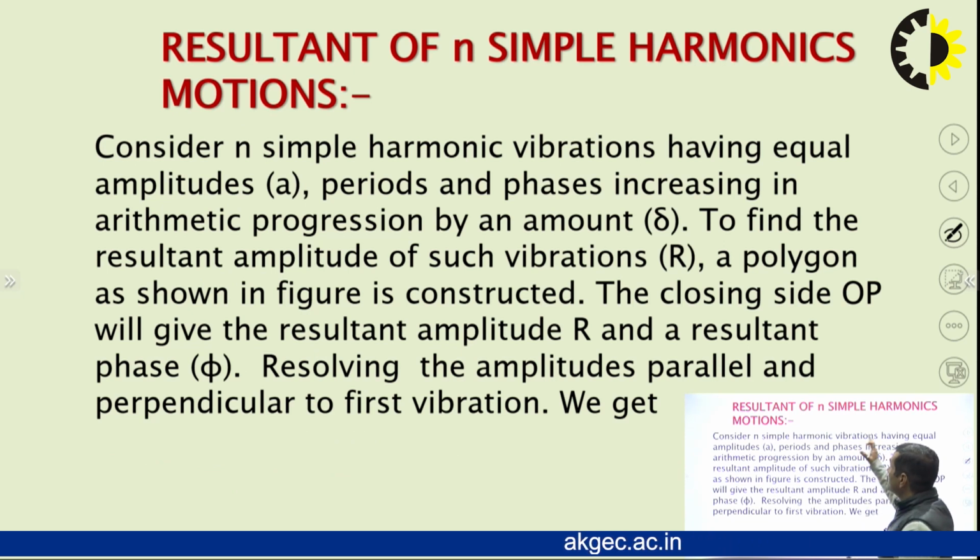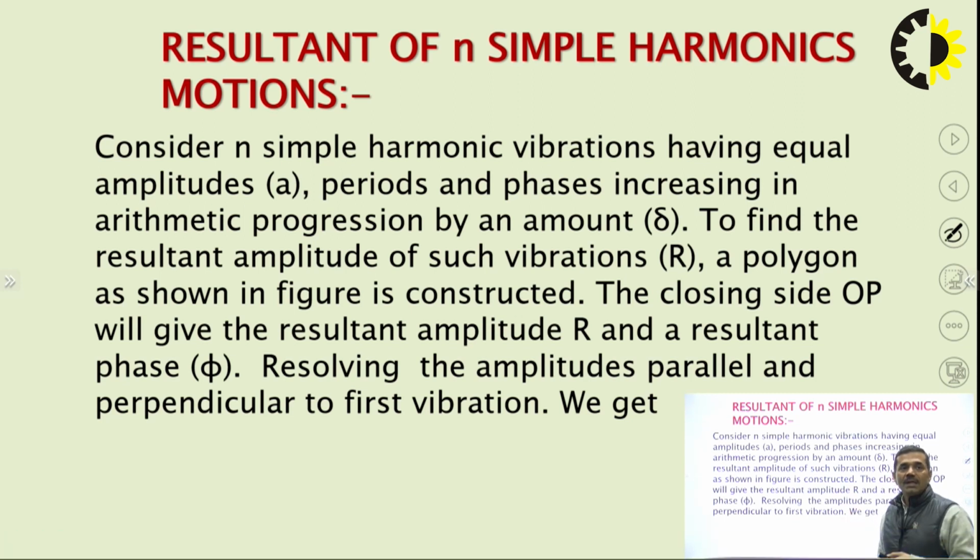To discuss the theory of the single slit, first I will give a brief introduction to the resultant of n simple harmonic motions, because we will use that formula in diffraction due to single slit. So first I will give a brief introduction about how we calculate the resultant of n simple harmonic motions.